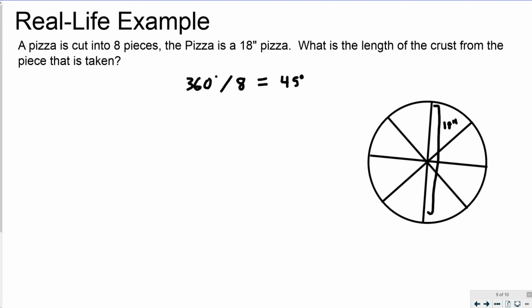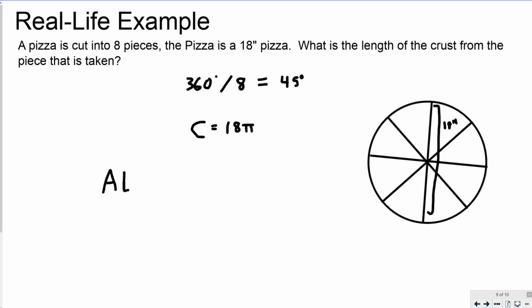So then we're all set when it comes to using the diameter for the circumference formula. So the circumference would just be 18 pi, 18 times pi.